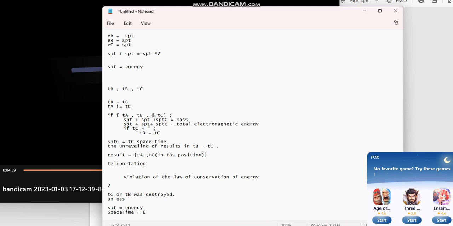If space-time equals E, you can go from relativity to quantum mechanics in a lot of lucrative and creative ways. It doesn't get you from relativity to quantum mechanics or quantum mechanics to relativity necessarily, but it gives you values that might be able to interchange between the two.